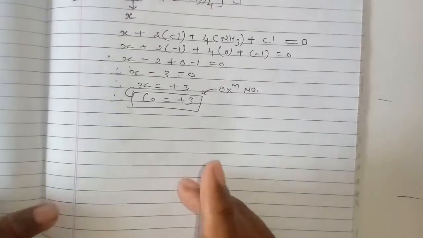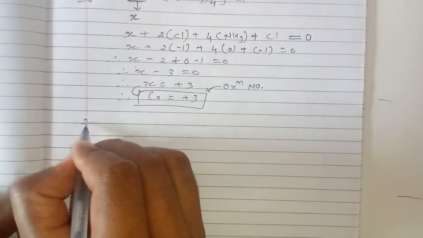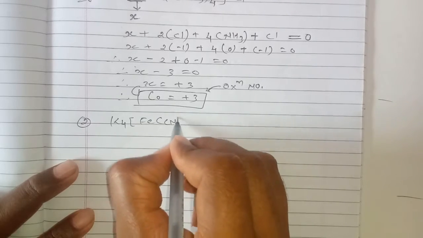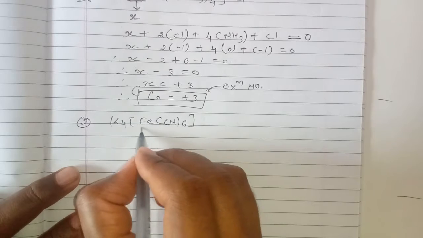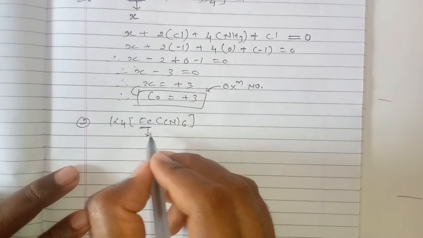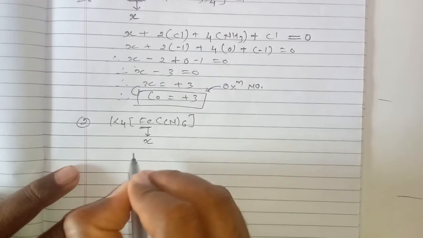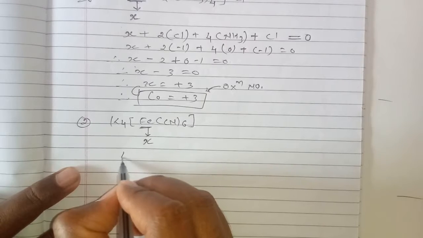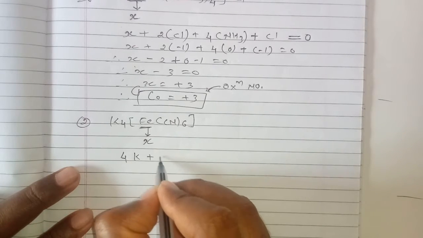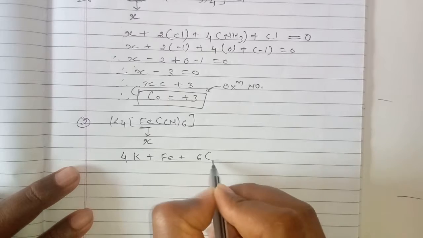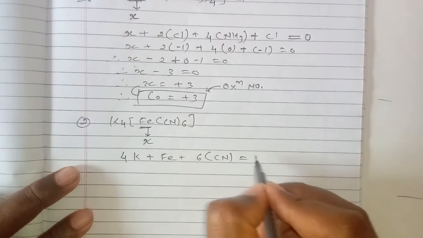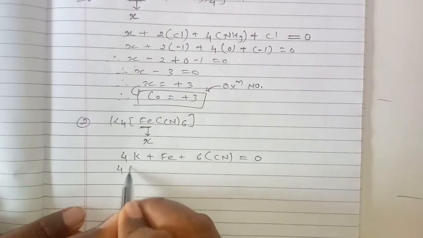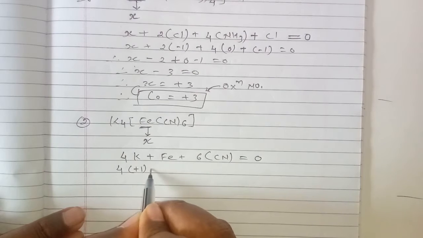Now the another example, K4[Fe(CN)6], and Fe is central metal atom, so its oxidation number is assumed as X. Here the 4K plus Fe plus 6 of CN, and their total becomes 0. For potassium, its oxidation number is plus 1.